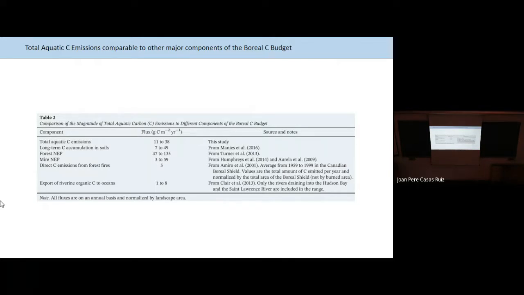I have a question. Is there any relationship between the carbon emissions and the type of organic carbon? Greenhouse gas emissions and organic carbon or other sources?